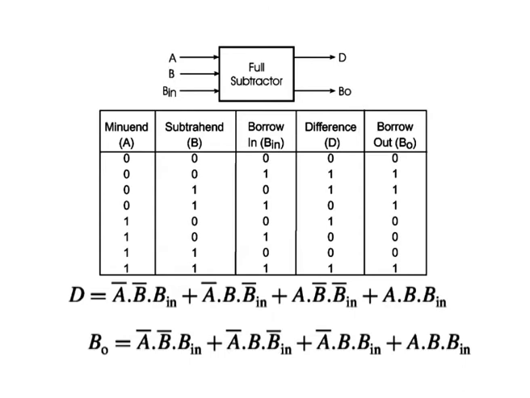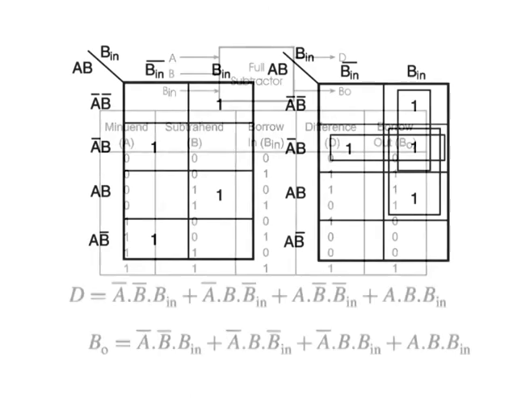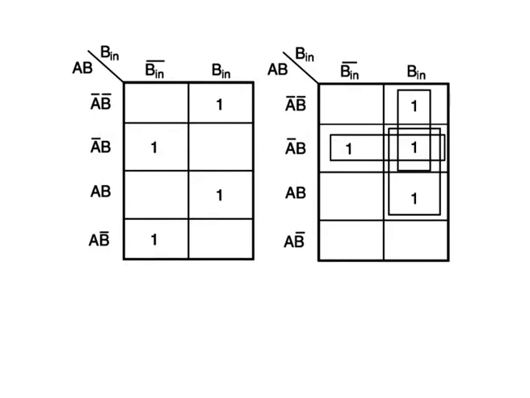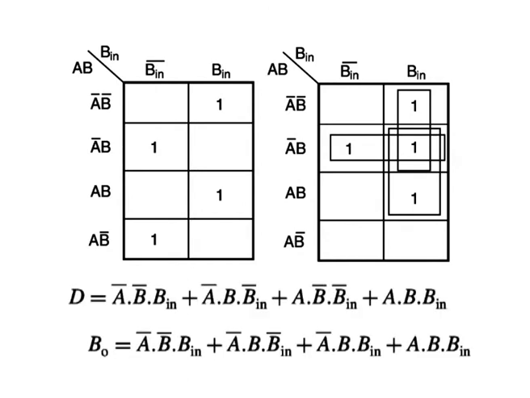Borrow output is equal to A bar dot B bar dot B in plus A bar dot B dot B in bar plus A bar dot B dot B in plus A dot B dot B in. The Karnaugh maps for the two expressions are given in figure for difference output D and borrow output BO.